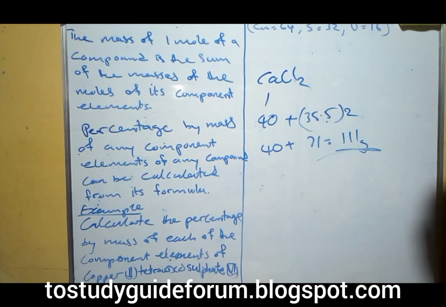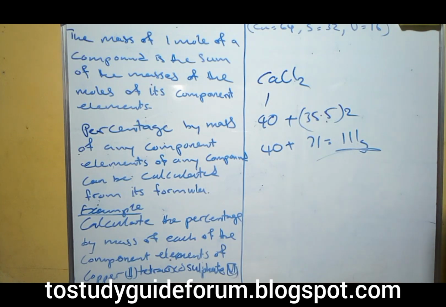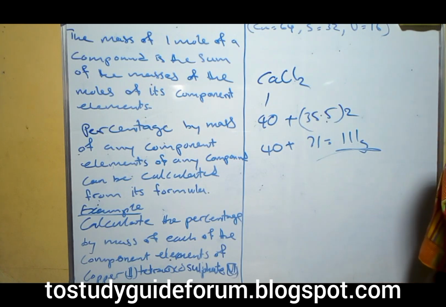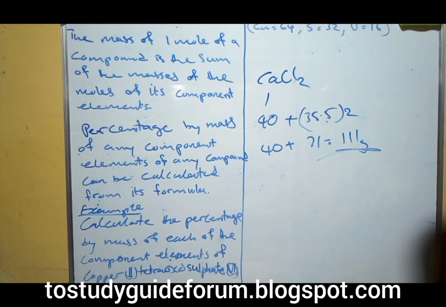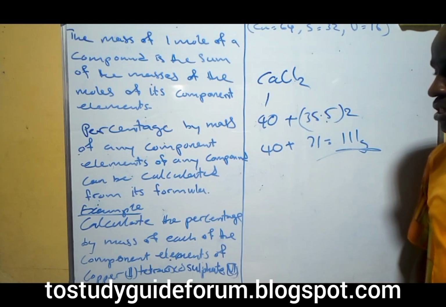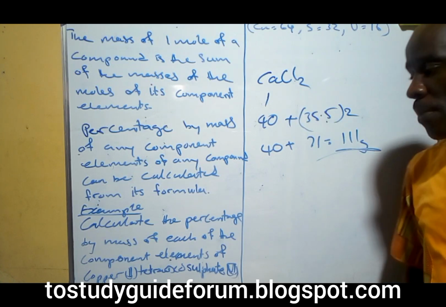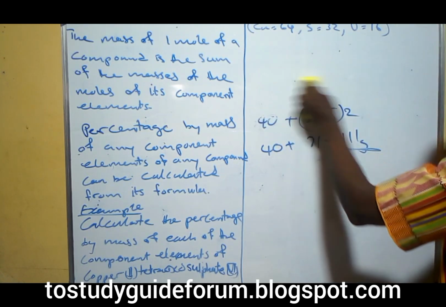So in the same way, we can also calculate the percentage by mass of each of the component elements that we have there. So that is what we're going to do now.